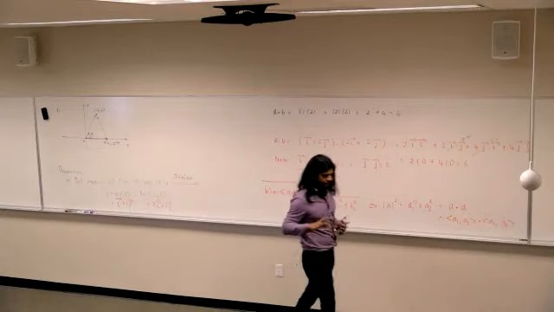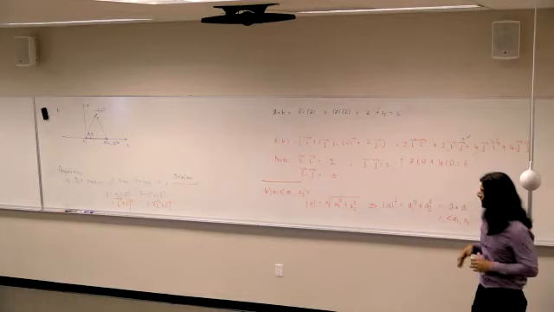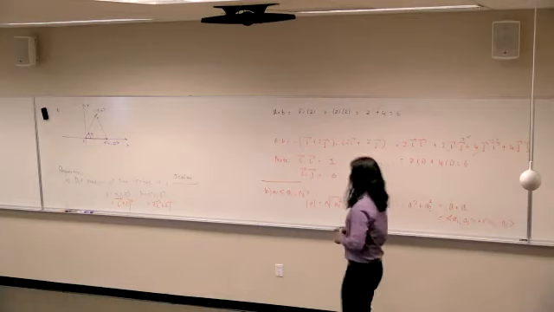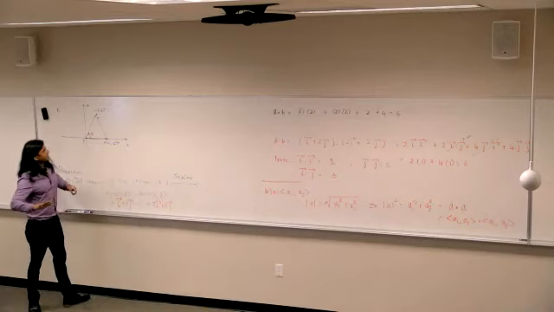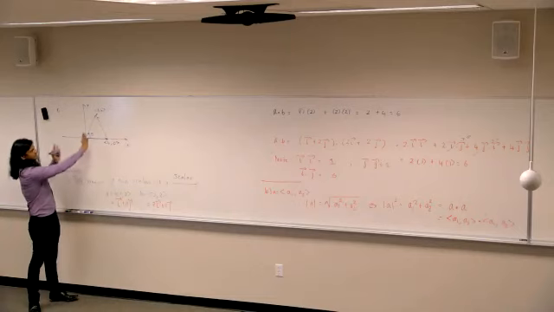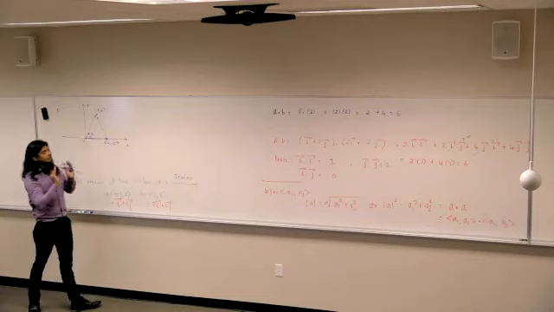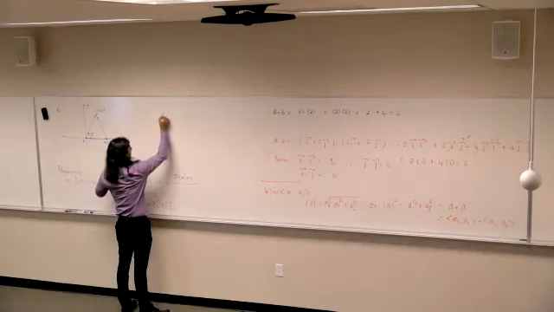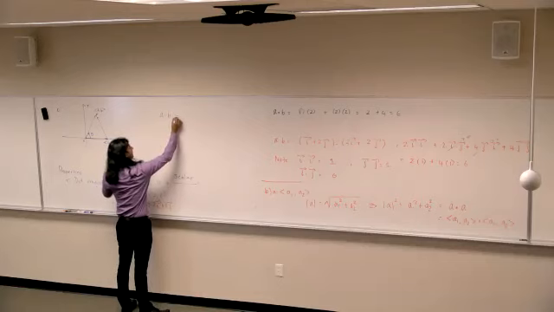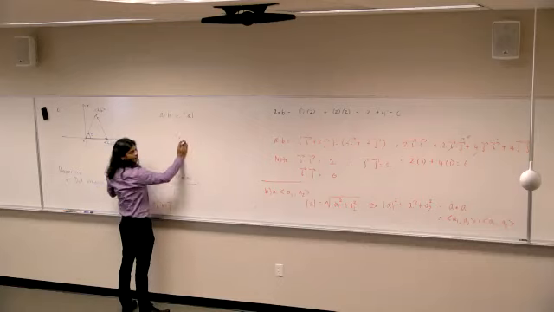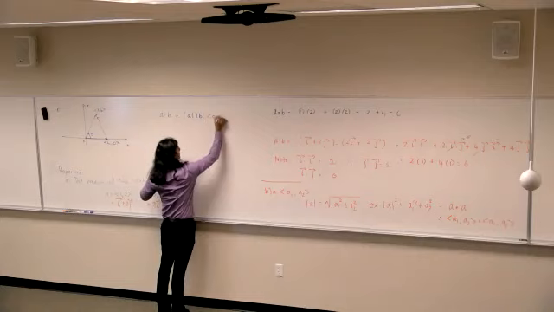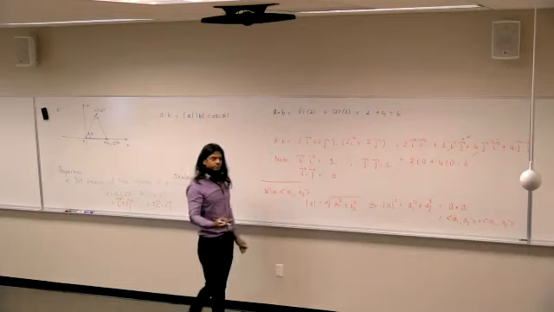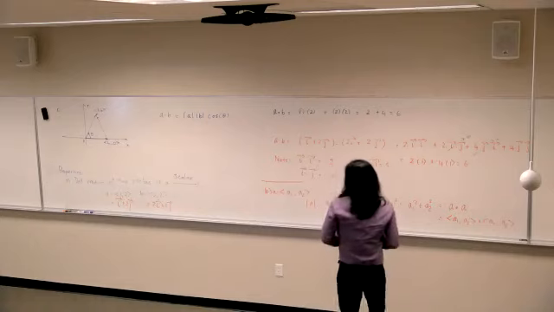There is a proof in your textbook as to why the following statement would hold true. It comes from the law of cosines. We only stop at this class in terms of derivation. So I have two vectors, and we know that there is an angle between them. The dot product A dot B is simply the magnitude of A multiplied by the magnitude of B times cosine of the angle between them.